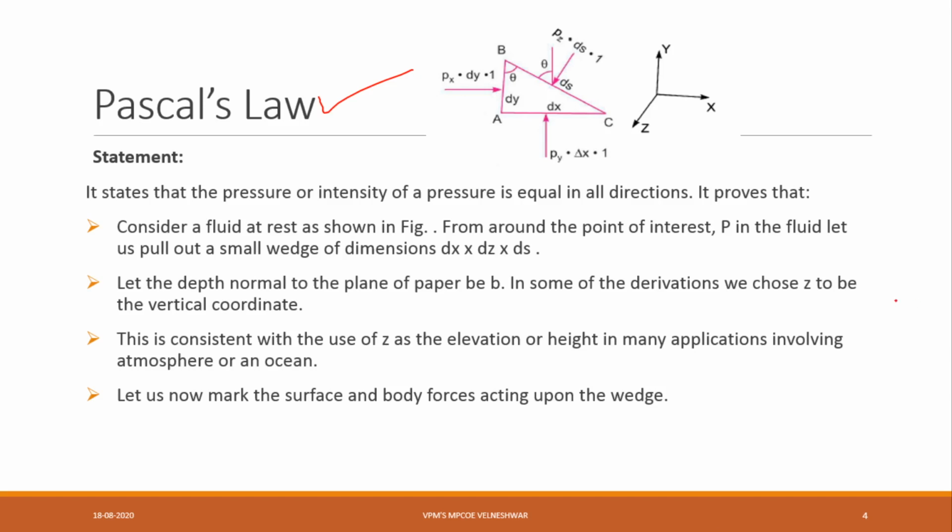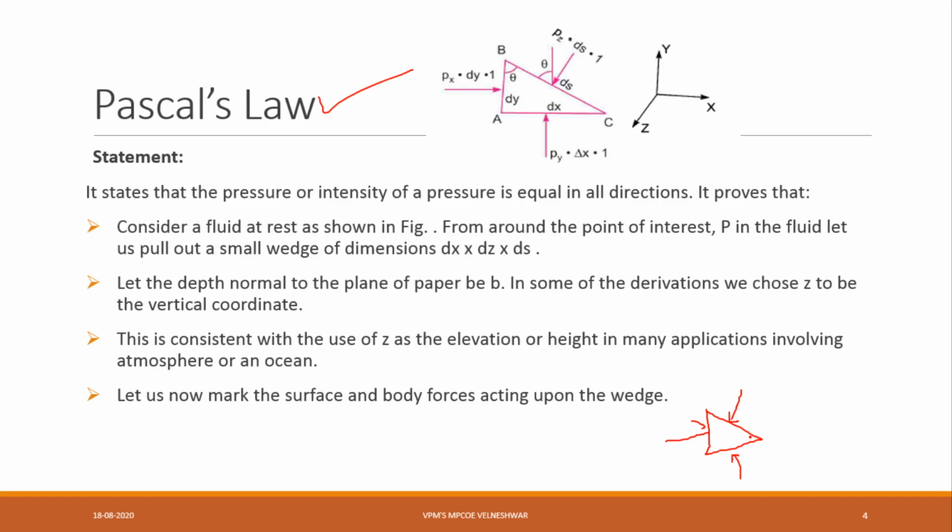He is saying that for any object, suppose this is my object, the pressure in x direction, pressure in y direction, pressure in z direction is equal. What is he saying? Px, Py, Pz are equal in all directions.